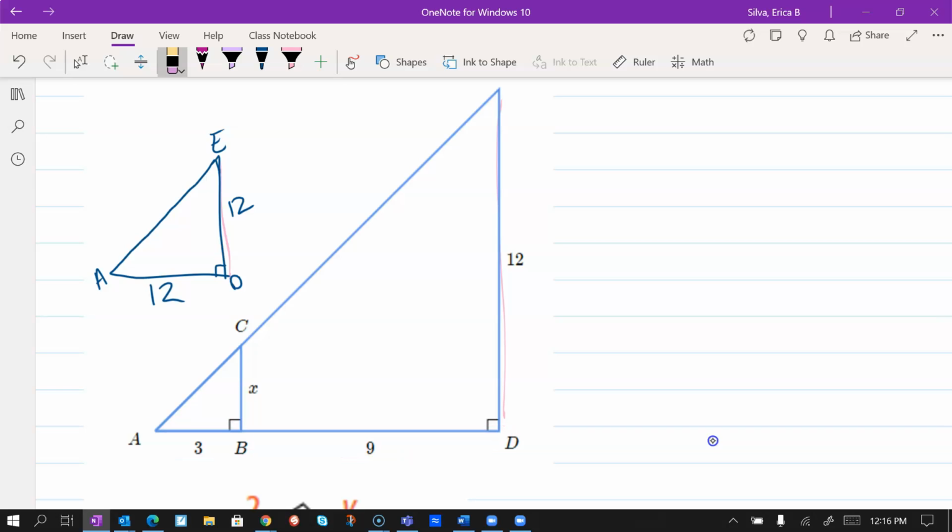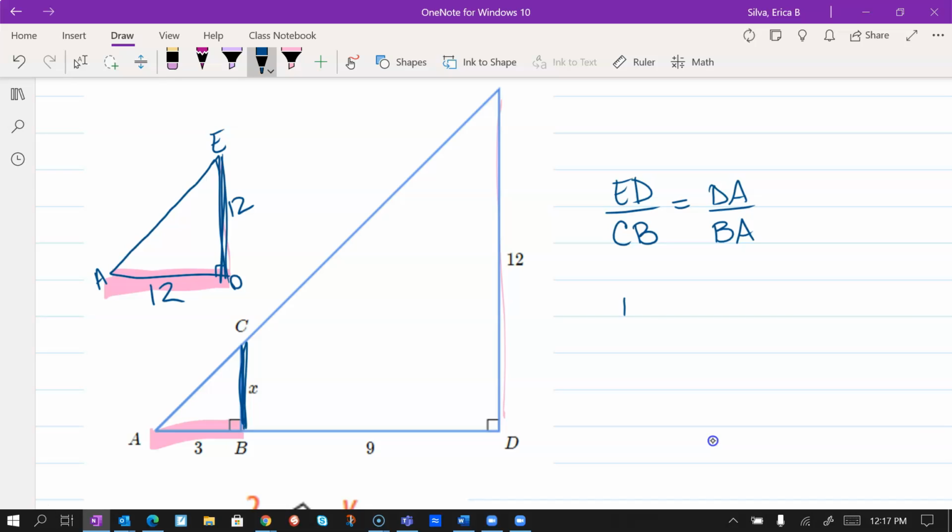So now all I'm going to do is concentrate on ED, and that one corresponds to CB. So ED corresponds to CB equals DA, which corresponds to BA. And then we write our ratios or substitute.